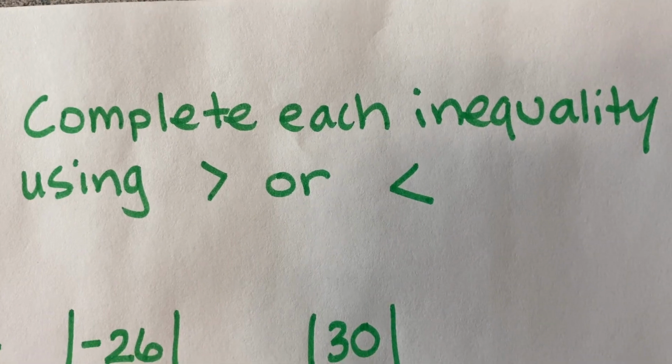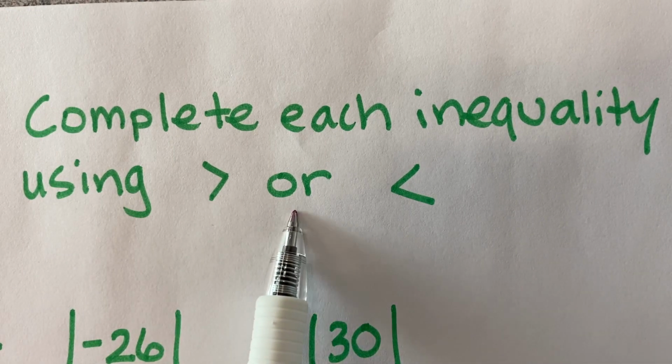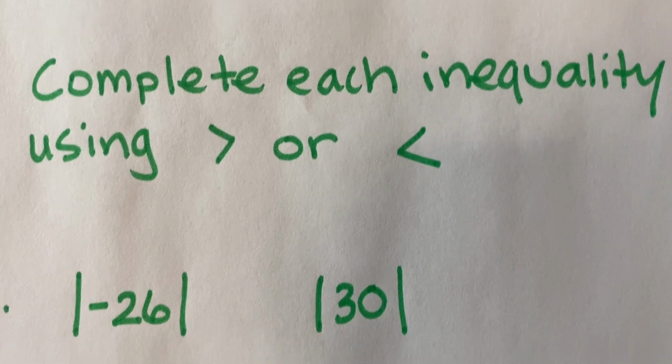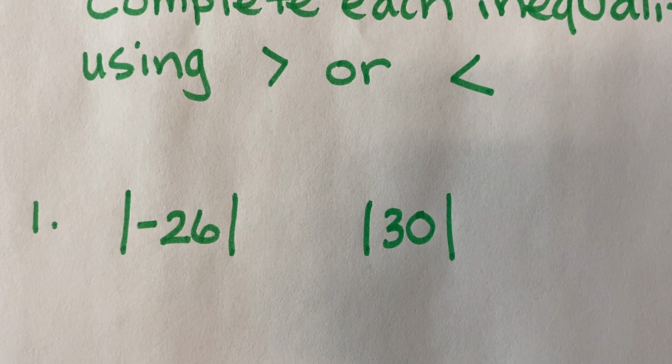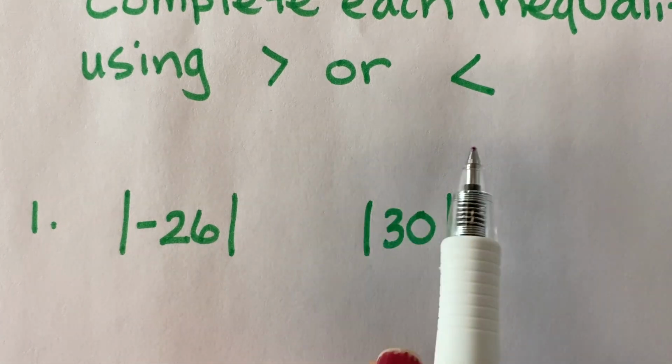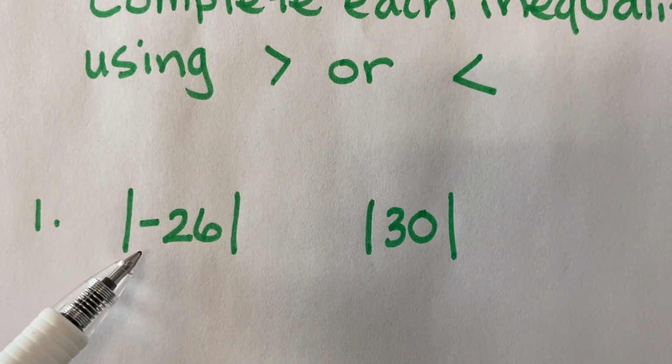Okay, the last slide here. Now, we can also work with inequalities when we do absolute value. So complete each inequality using greater than or less than. Let's look at the first one. So we have the absolute value of -26 compared to the absolute value of 30. So what you're going to have to do first, before you place the symbol in between, is calculate these.